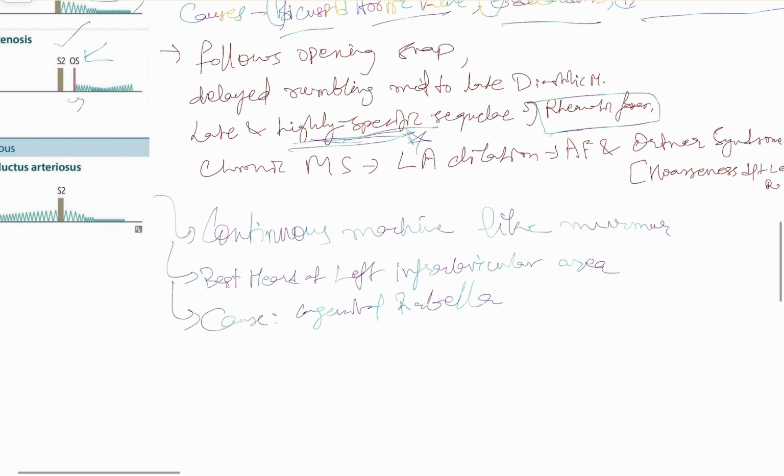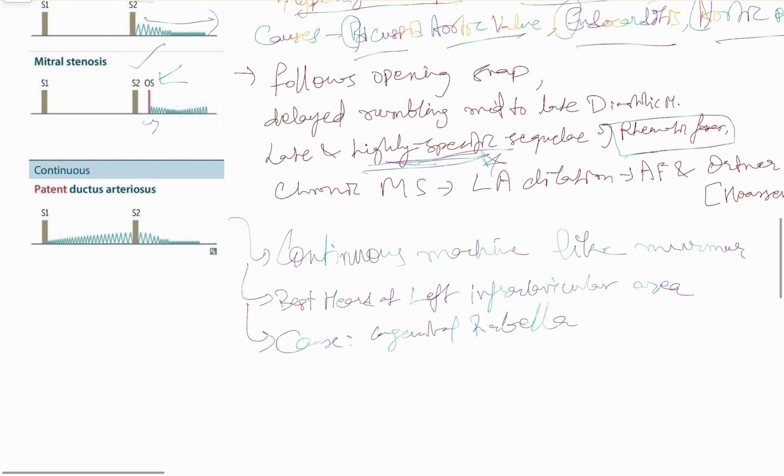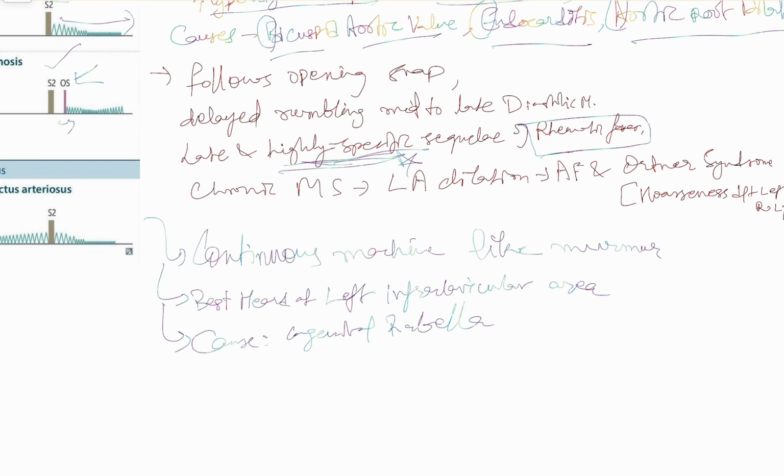Then when the mitral stenosis persists over time, it can lead to pulmonary hypertension and left atrial dilation.